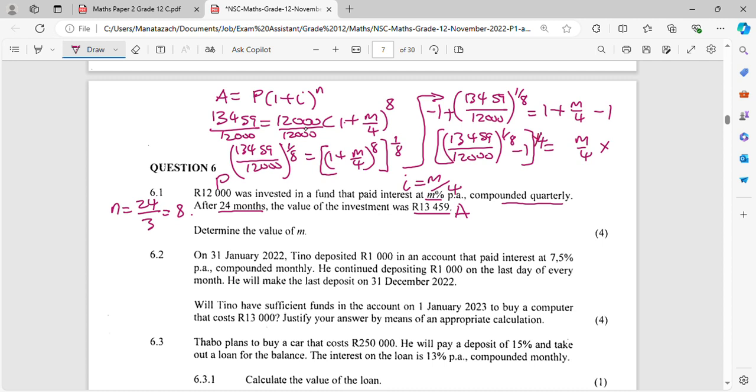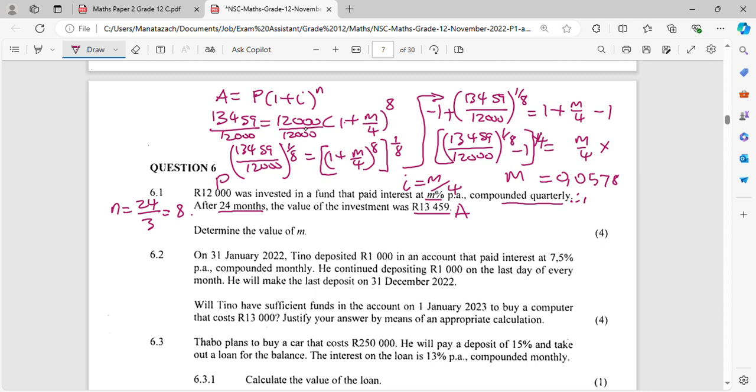So I'll have M on the right hand side is equal to, let me just put all of that number on the calculator. So that's 13,459 divided by 12,000, exponent 1 over 8, minus 1, all of it times 4, which gives us 0.0578.